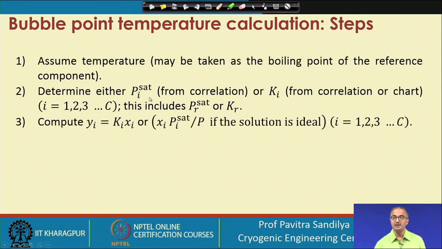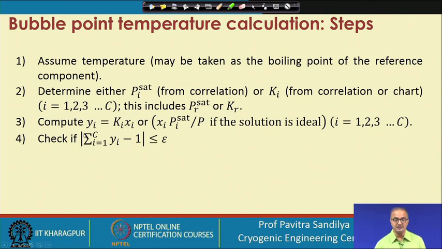After finding the Pi sat or Ki, we find the value of yi with the value of this Ki and xi, or from this relationship, assuming ideal gas and liquid, so Pi sat by P, and this also goes for all the components from 1 to C. Then we check whether the summation of all the y, that means the mole fractions in the vapor phase, is equal to 1 or not.